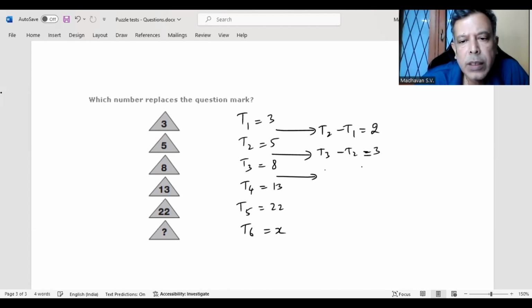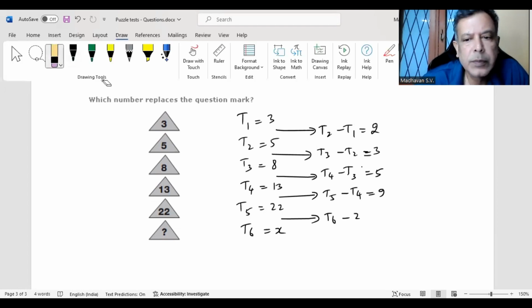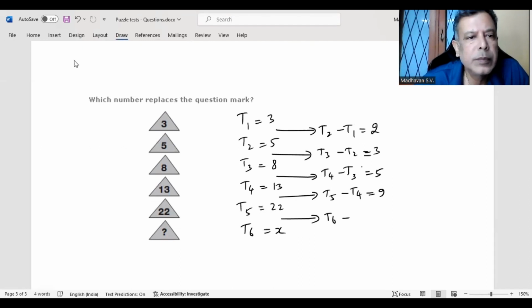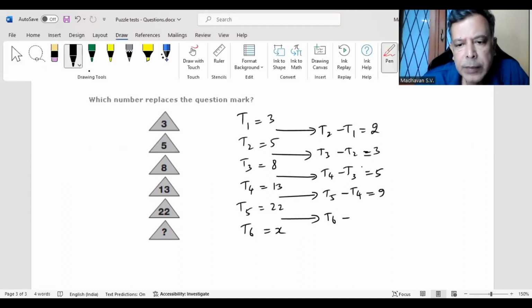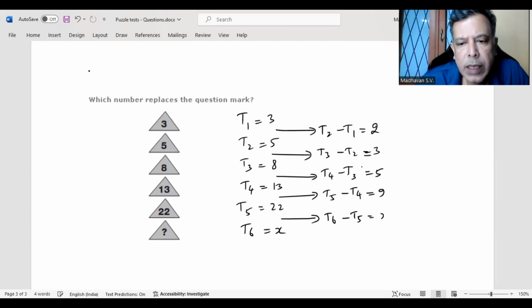Then here, term 4 minus term 3 is 5. Here, term 5 minus term 4 is 9. Here, you may notice term 6 minus term 5 should be X minus 22.